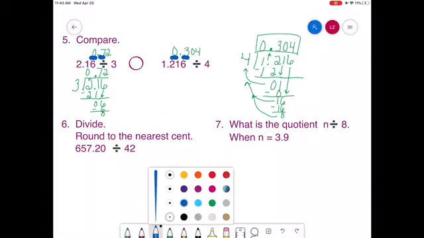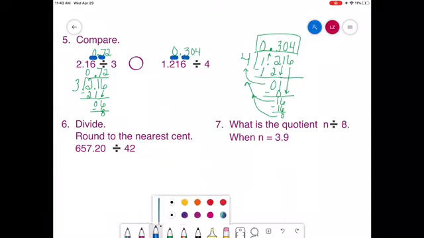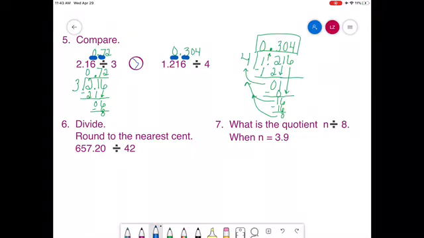It is most definitely 7 tenths. 7 tenths is bigger than 3 tenths. Don't look at this and say, oh, it's 304 and this is 72. That's not how we compare decimals. We go place by place. Start with the furthest to the left. If they're the same, like these two zeros were, then you go the next spot over to the tenth spot. And 7 tenths is greater than 3 tenths. So you should have put the greater than sign in there.